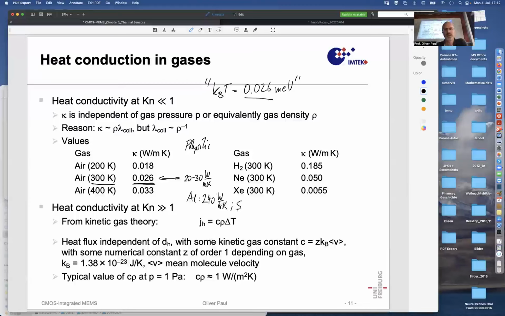Silicon oxide has a thermal conductivity of something like 1.4 watt per meter per Kelvin. So even silicon oxide, the best insulator of the materials of a CMOS process, at 1.4 watt per meter per Kelvin, has way higher thermal conductivity than air.